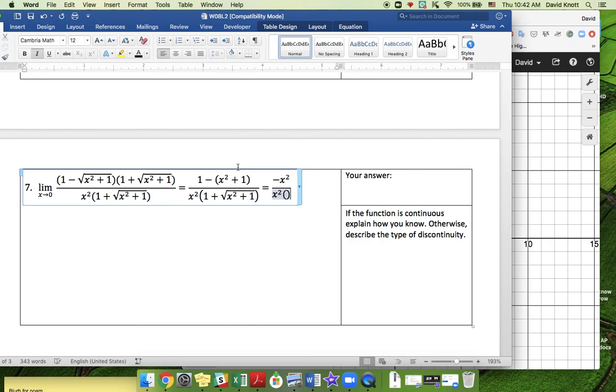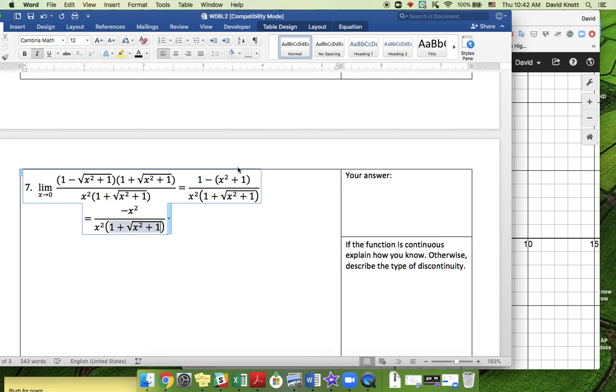In the denominator, I'm not changing anything, I'm just copying. Now you can see it's good that I didn't distribute the x squared, because the x squareds cancel. If you had distributed it, it would be a lot less obvious. That leaves you with negative 1 over 1 plus the square root of x squared plus 1.